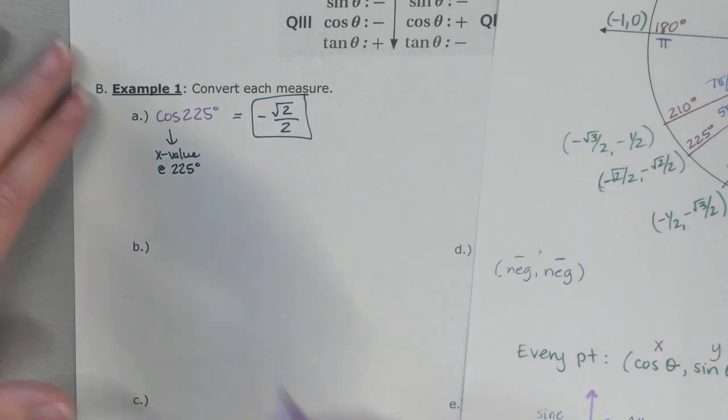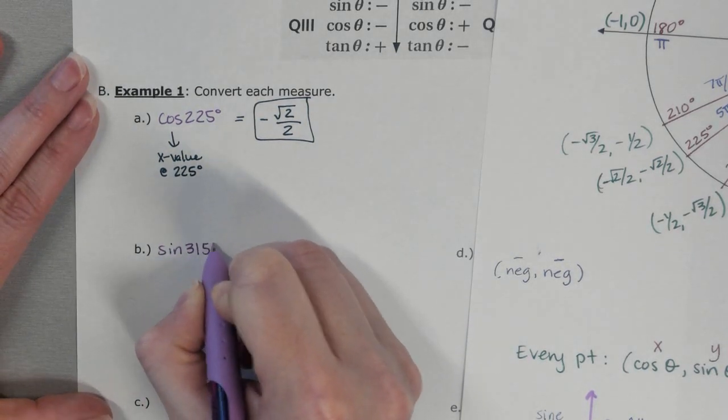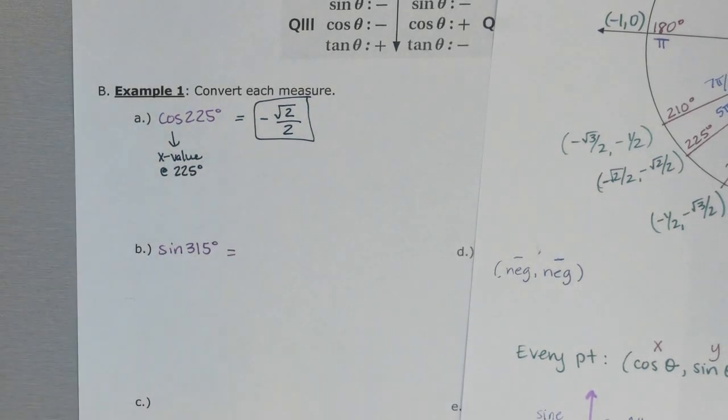Okay, so for B, I want you to write down the sine of 315. I'll give you a minute to find that.